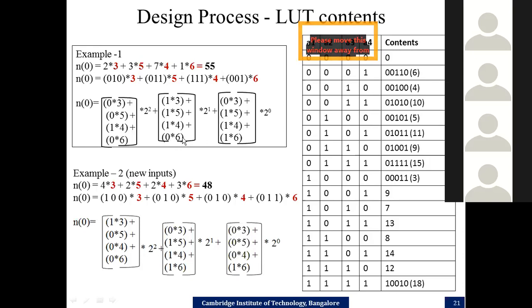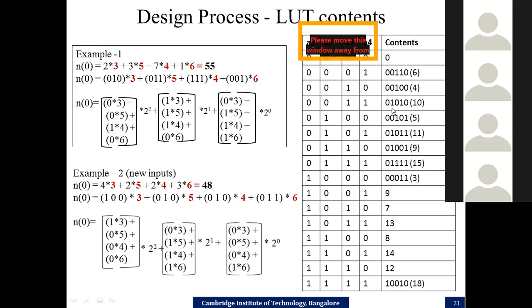So what is actually done? We now take, if your inputs are 0000, it is 0 into 3 plus 0 into 5 plus 0 into 4 plus 0 into 6. It is all going to be 0. I put 0 here as the first content. If the input is 0001, what is 0001? 0 into 3, 0 into 5, 0 into 4 plus 1 into 6.